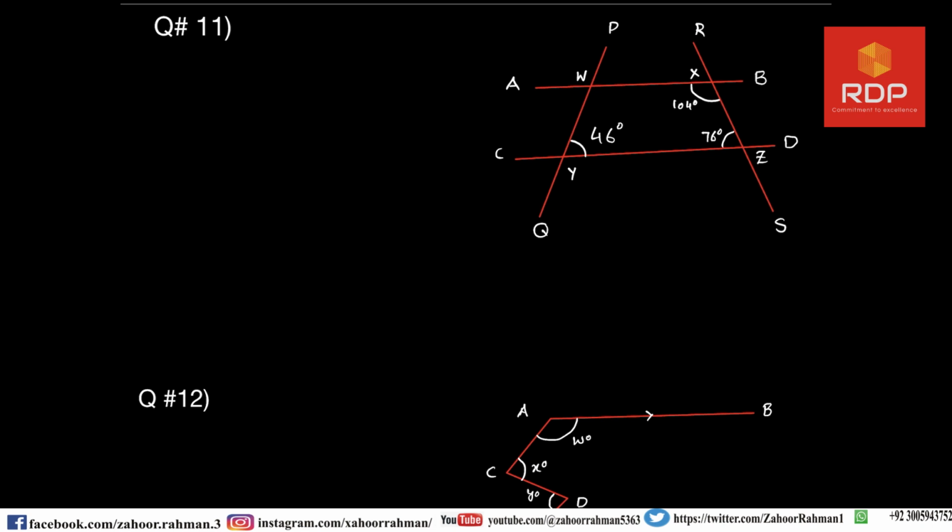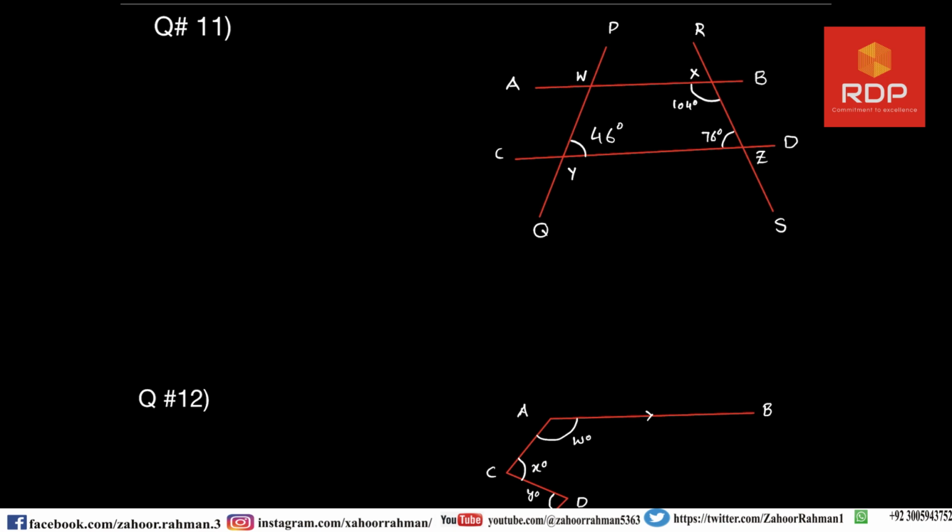Another information, AXS, which is this angle, and they gave us it is to be 104. Exactly, I wrote it in the same fashion.